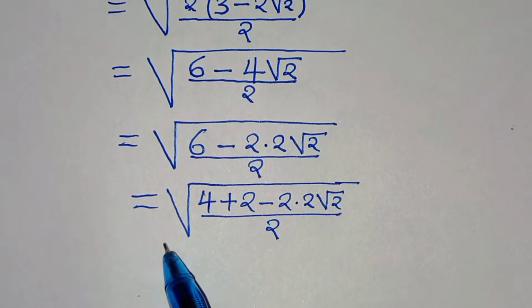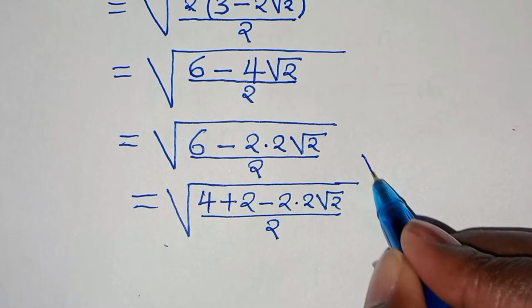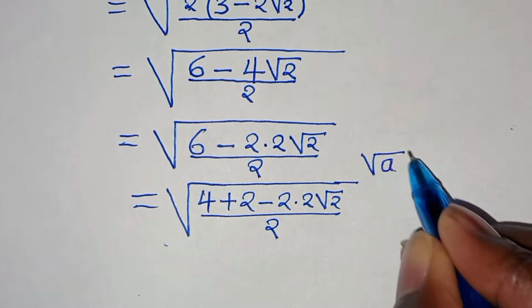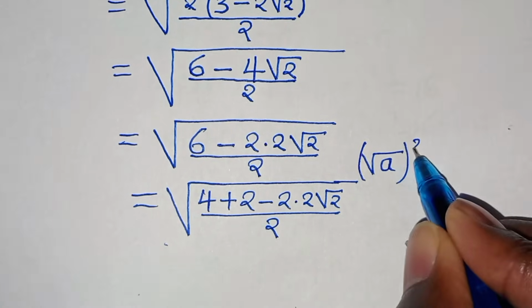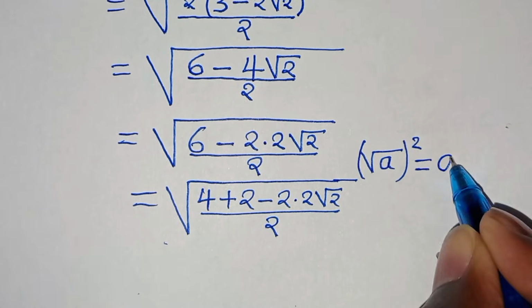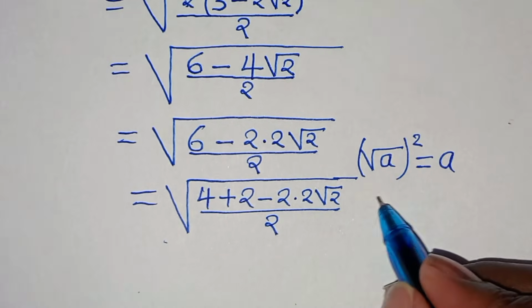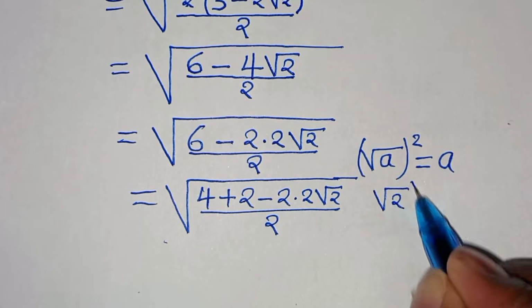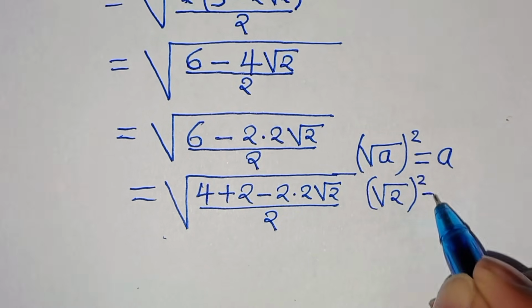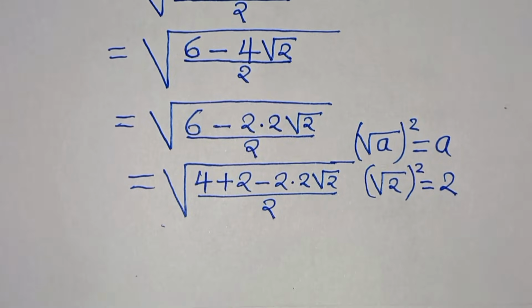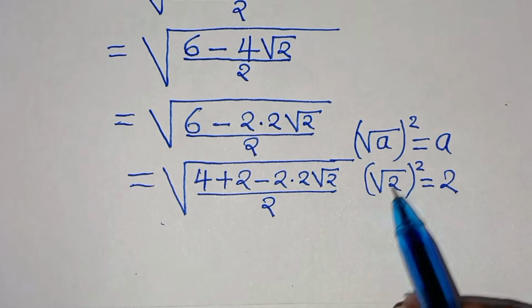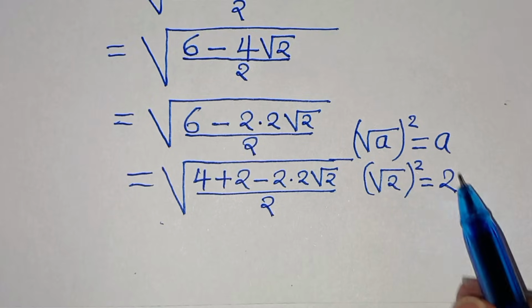The next step is that the square root of a raised to the power of 2 is the same thing as a. So applying this property, the square root of 2 raised to the power of 2 is the same thing as 2. So let's substitute the square root of 2 to the power of 2 where we have this 2 here.